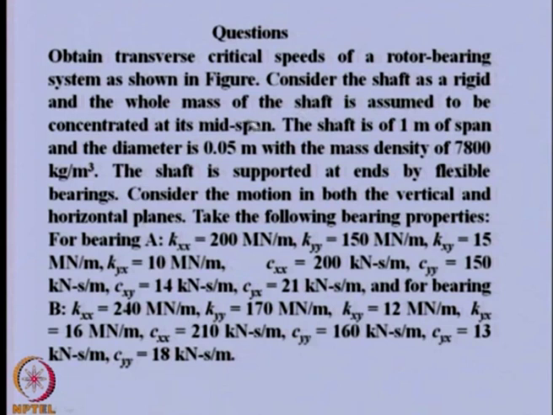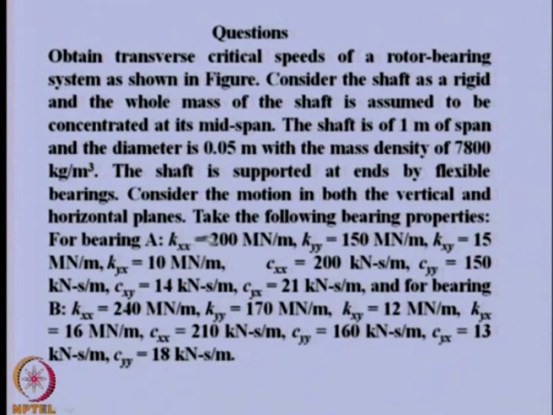The shaft is symmetric, the length of the shaft is 1 meter, the diameter of the shaft is 0.05 meter, the mass density is given, the shaft is supported by flexible bearings, and we are considering motion both in the vertical and horizontal plane, because we are considering the bearing property with 8 coefficients, that is 4 for damping and 4 for stiffness.